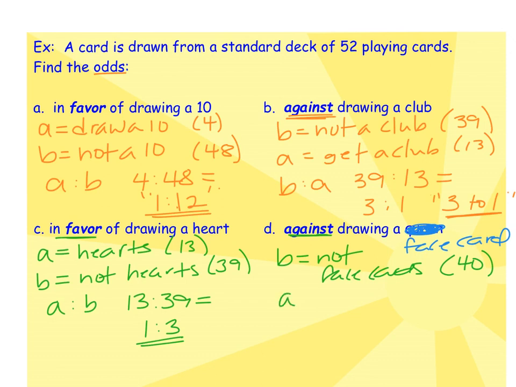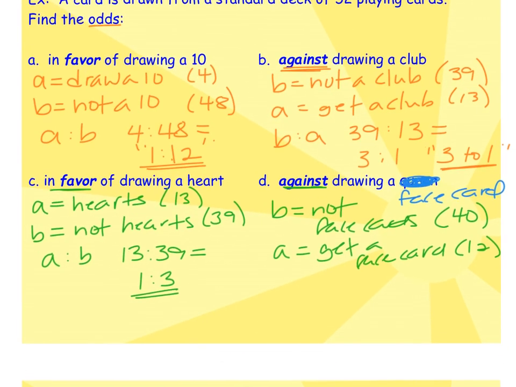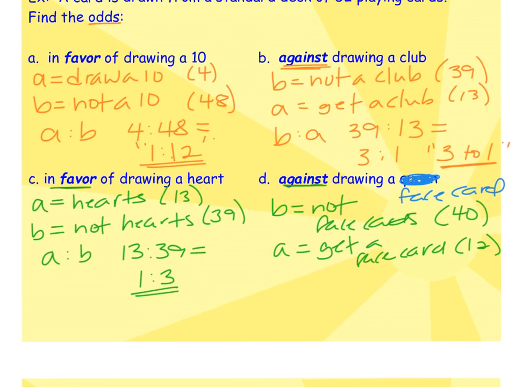And then A would be the number of actual face cards, and that is 12. Since it's against, we're going to go B to A this time, just like we did up in example B. And that would mean it's 40 to 12 odds, and that reduces to 10 to 3. Your odds are better against drawing a face card than they would be for getting a face card.